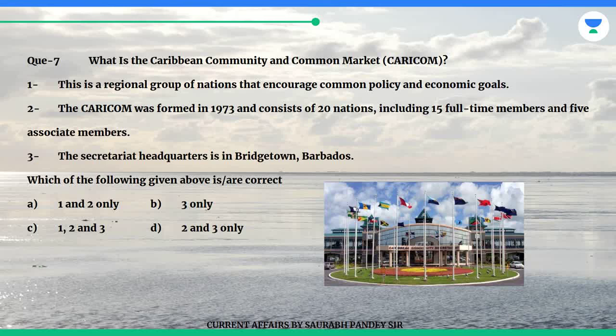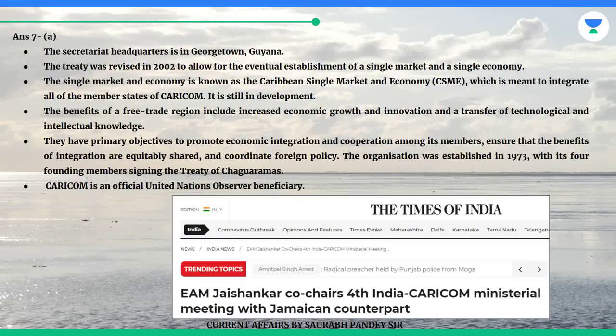The Secretariat headquarters is in Bridgetown, Barbados. Which of the following given above are correct? A. 1 and 2 only. B. 3 only. C. 1, 2 and 3. D. 2 and 3 only. Answer is A. The Secretariat headquarters is in Georgetown, Guyana.